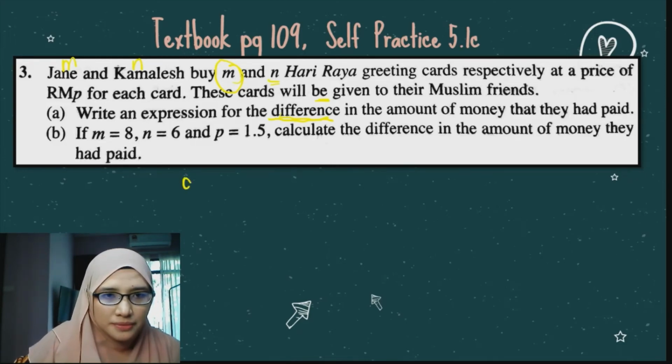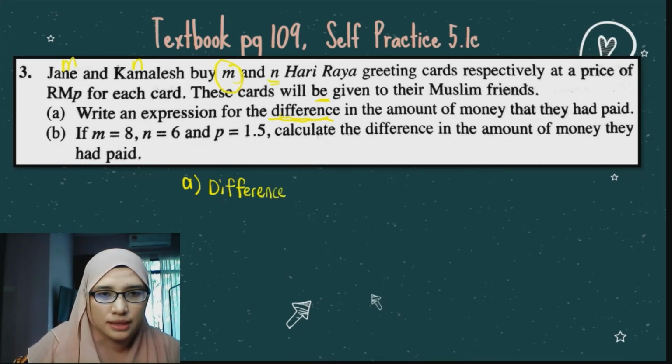So, A, difference, meaning subtract. Difference of money. That is Jane minus Kamalesh.